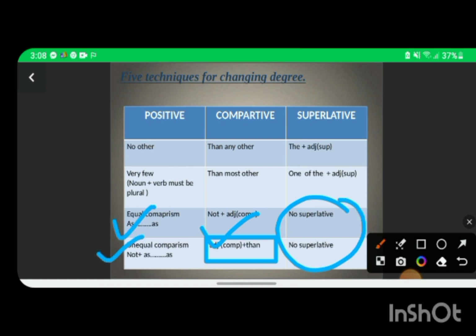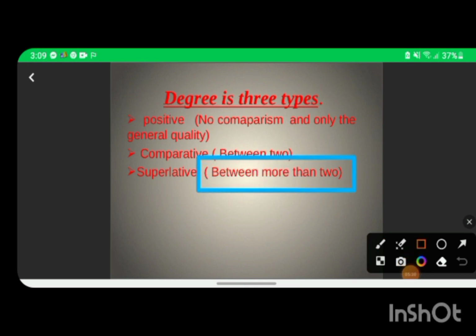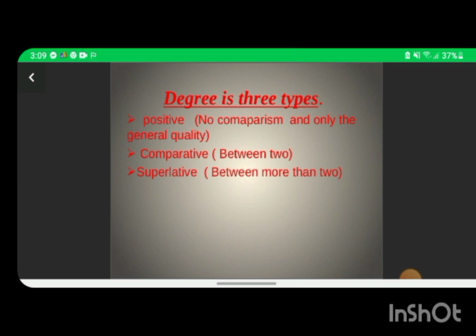In both equal comparison and unequal comparison, there will be no superlative degree, because these comparisons cannot go beyond two persons. In the last slides we saw that superlative degree is for more than two persons, but comparative degree is between two persons.